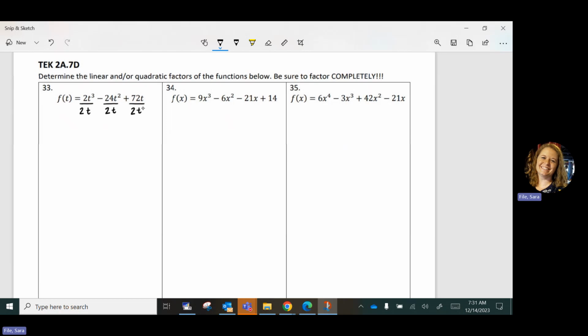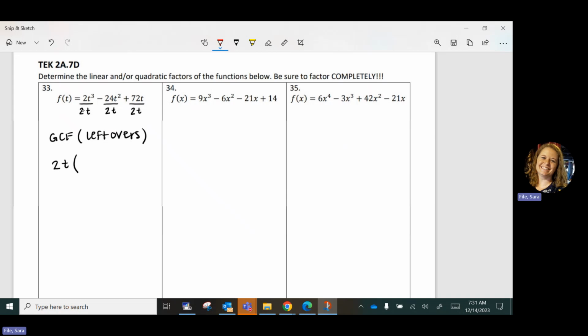That's my GCF. So when I'm doing GCF factoring, remember that you put your GCF outside parentheses, and then you put your leftovers inside parentheses. Okay, so 2t is outside. Now, when I say leftovers, I mean, what are we left with once we do that division?